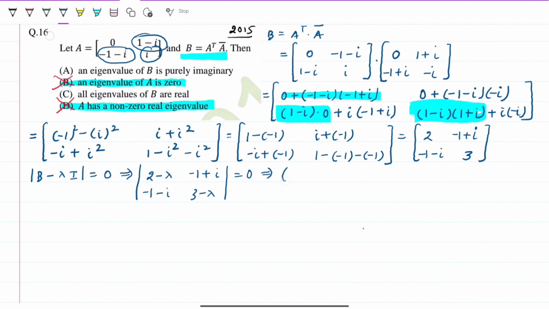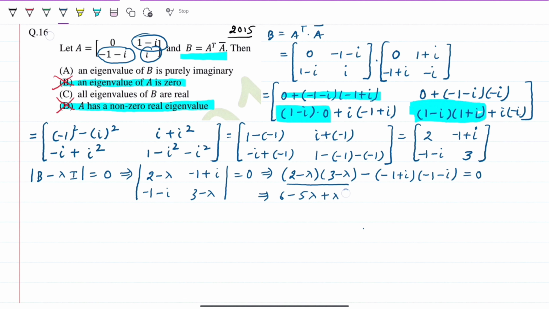So this is (2 minus lambda)(3 minus lambda) minus (minus 1 plus i)(minus 1 minus i) equals 0. From here we will get a quadratic equation that will be 6 minus 5 lambda plus lambda square.